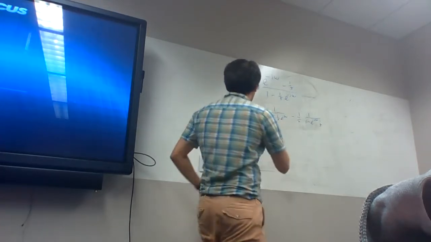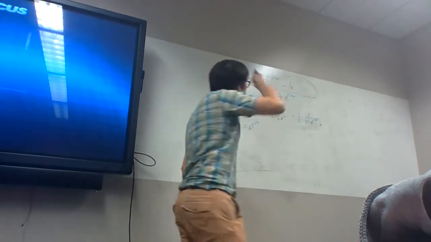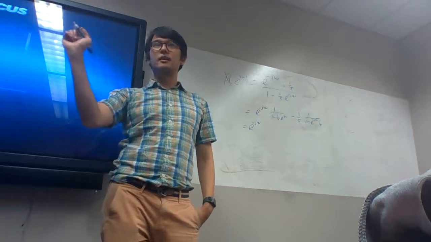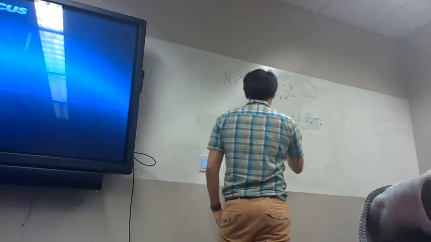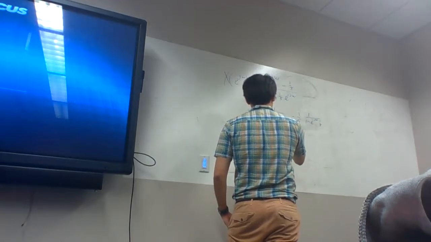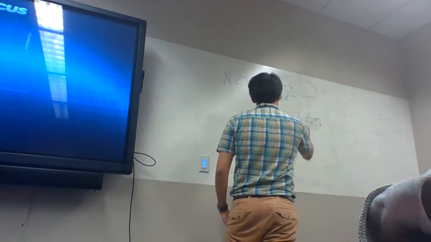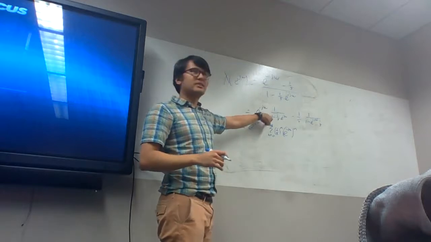It was asking you to find x of n. So this is the sum from n equals 0 to infinity of 1/5 to the n times e to the negative j omega n, because that's that standard form.